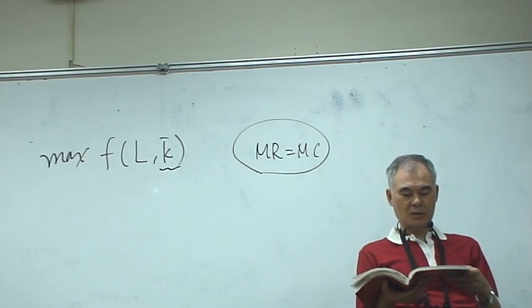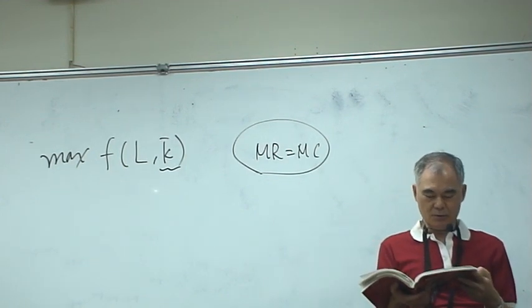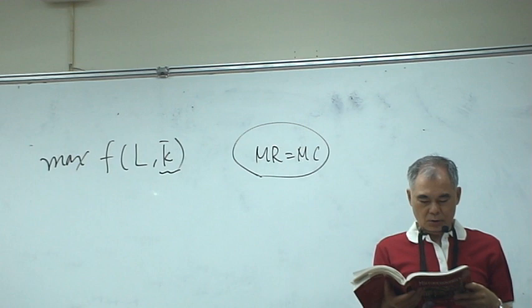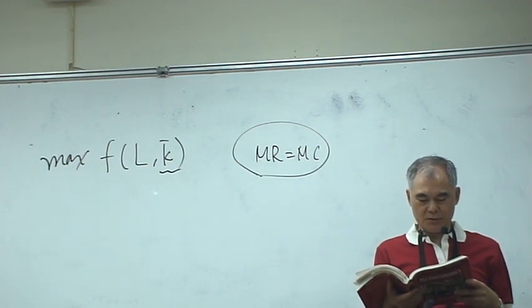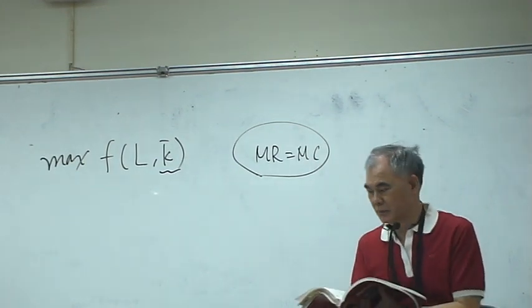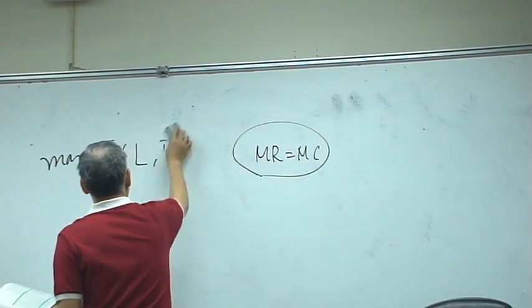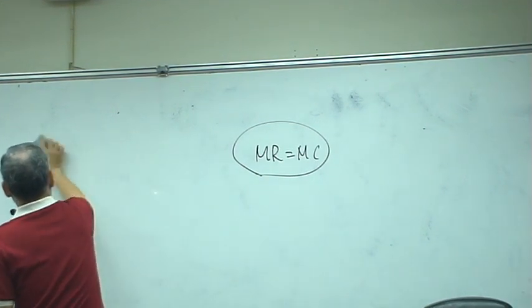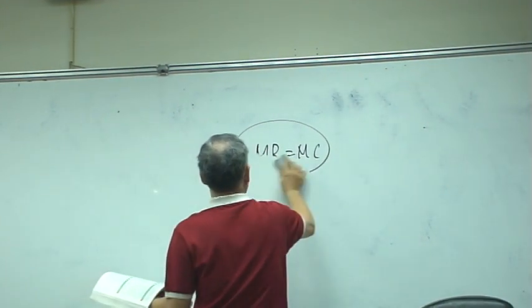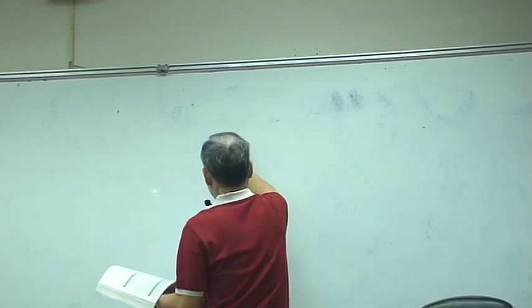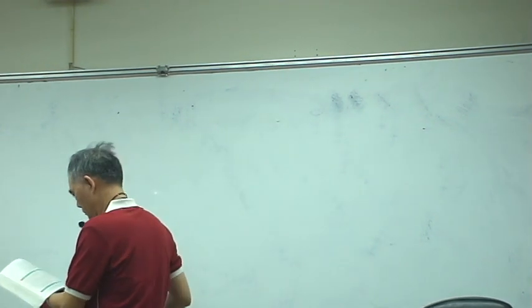So let us discuss question 1. Okay, question 1. So question 1 says a firm purchases capital and labor at fixed input prices.